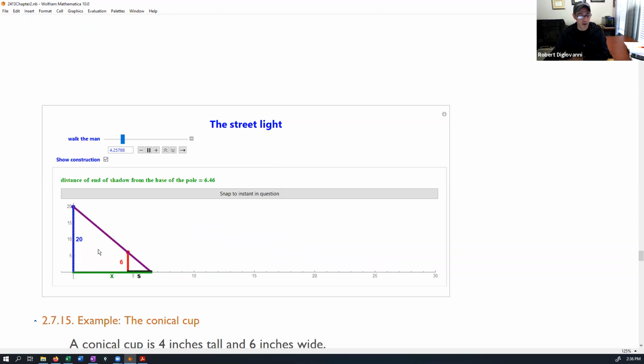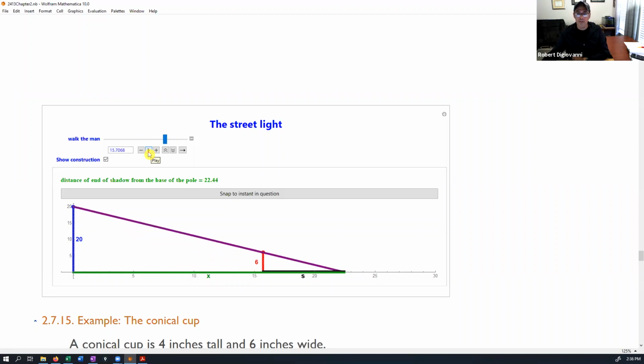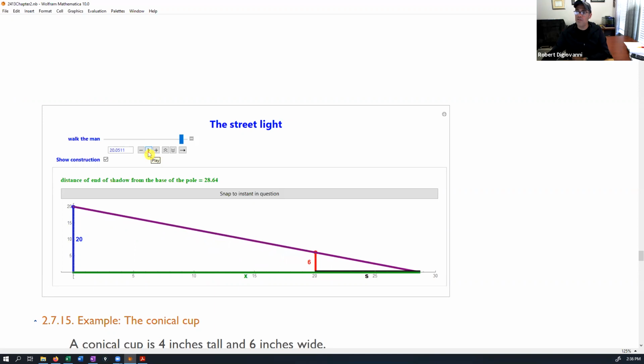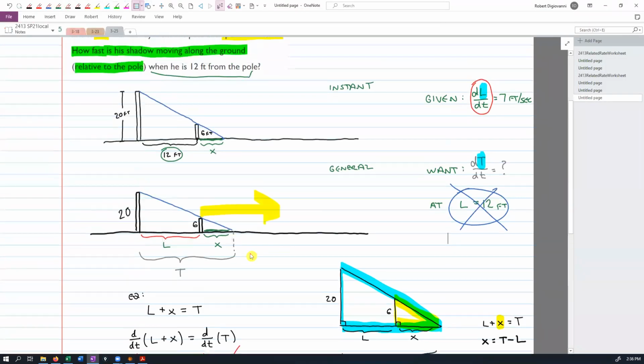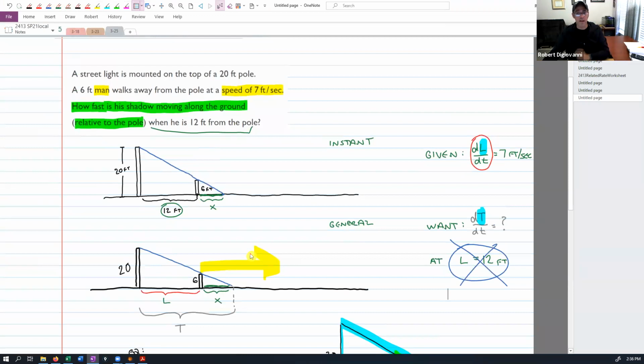And it doesn't matter where he is. He can be here, that shadow is moving at 10 feet per second. Go over here, shadow's still moving at 10 feet per second. Go here, shadow's still moving at 10 feet per second, regardless of where he is. Natalie, does that answer your question? Yes, sir. In the previous problems we did, the instant time did matter. This problem, it doesn't.